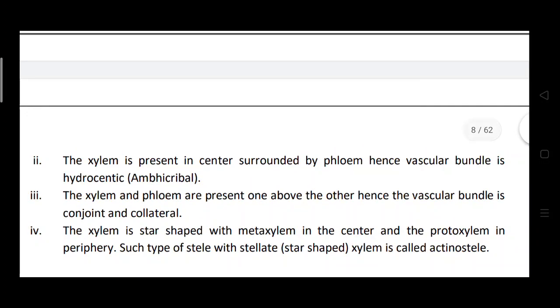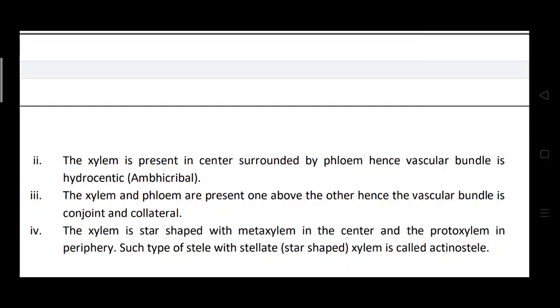Then the xylem and phloem are present one above the other, hence it is called conjoint and collateral. The xylem is star shaped with the metaxylem in the center and protoxylem in the periphery. Such a stele with stellate xylem is called the actinostele.